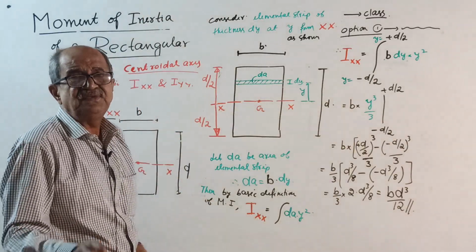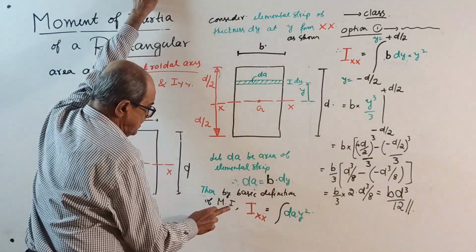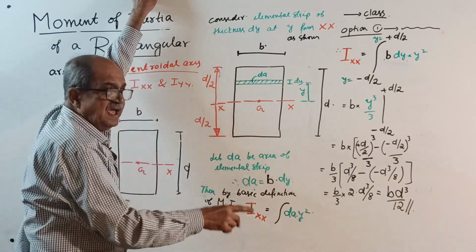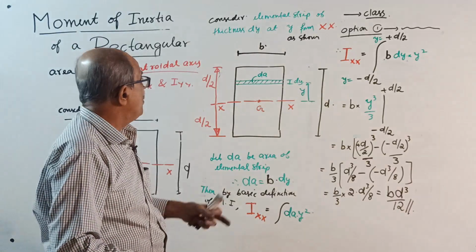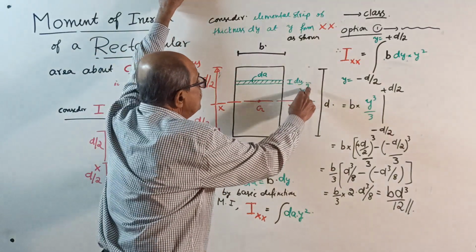I told you very clearly, by basic definition, the moment of inertia of only the elemental strip is dA into y square.